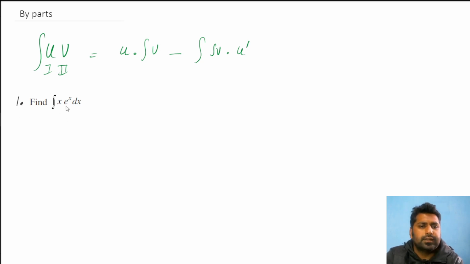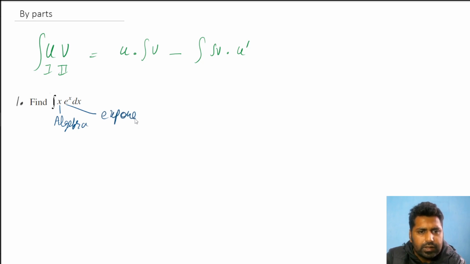Find the integration of x e raised to power x. You can see this is an algebraic function, polynomial basically. This is exponential, e is there. Now, of course, we have to apply by parts.